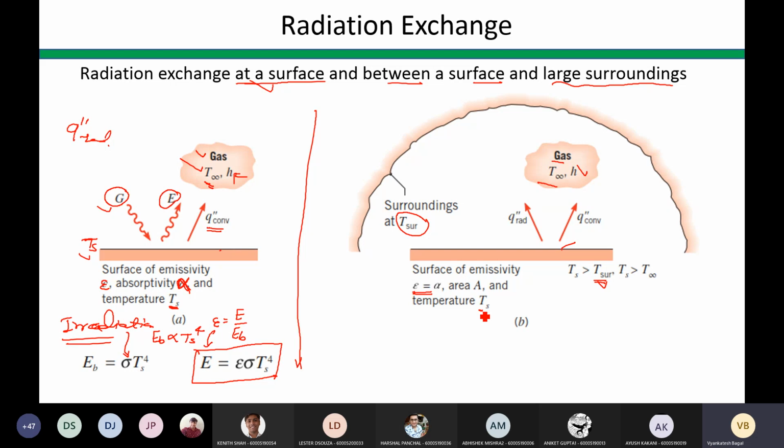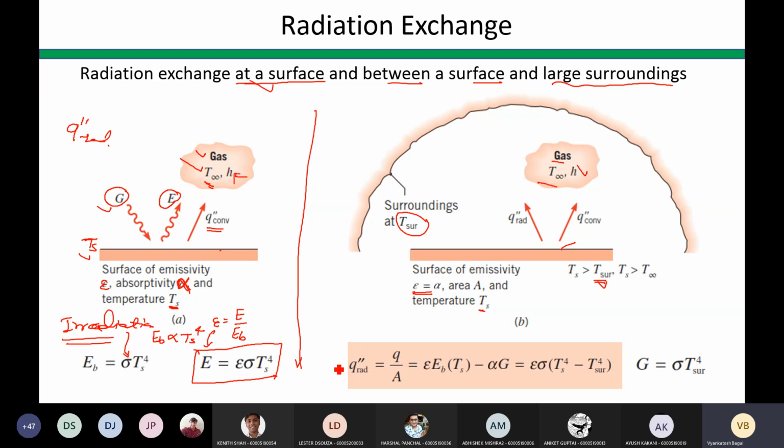And now we will write the expression for this q double dot radiation. Write down this expression. q double dot radiation is the heat transfer rate per unit area, that's why q by A is written. And this must be equal to the net heat transfer by radiation, so it is the difference between these two quantities.